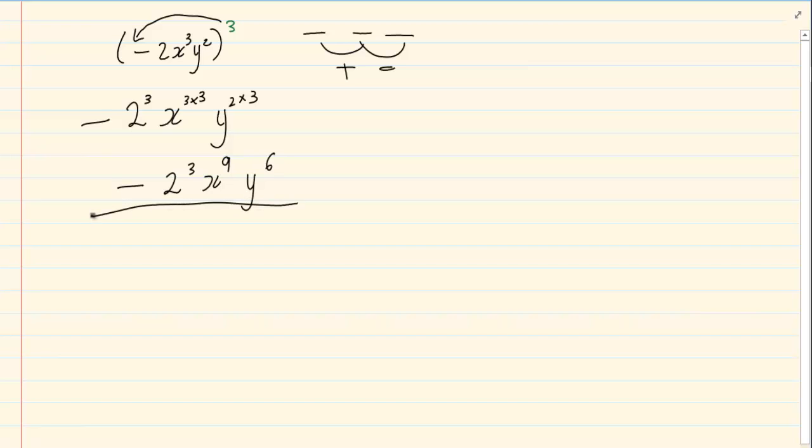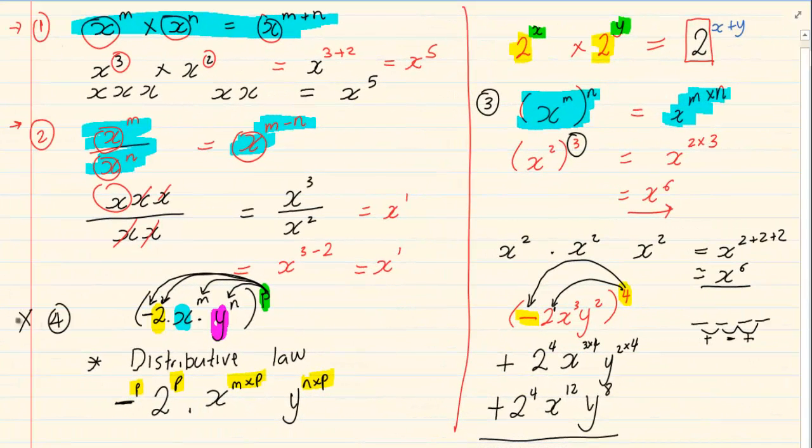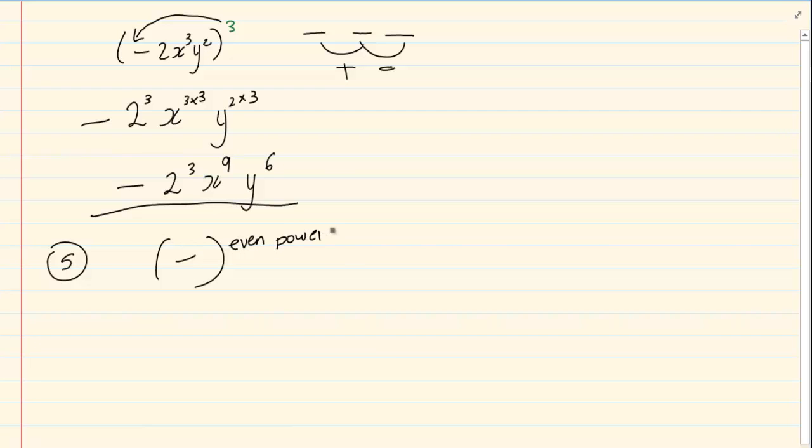So what is our conclusion? If you look at this specific rule, when we have a negative in the question, then our fifth rule would say that a negative to an even power will give us a positive answer.